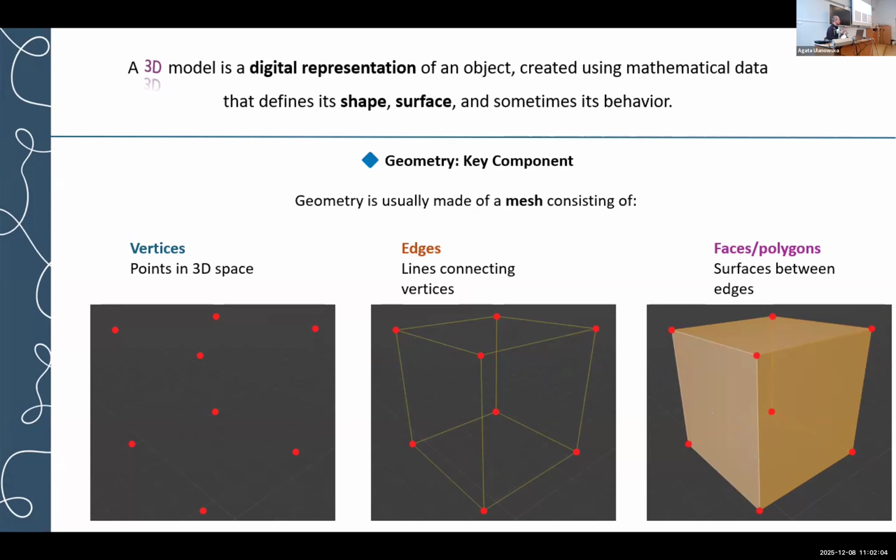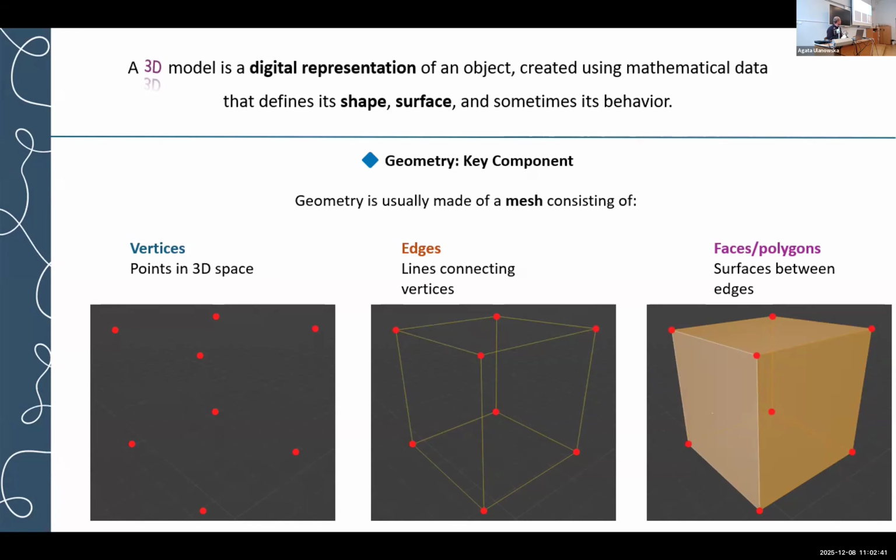And for us, the key component of 3D models is geometry, because as you all perfectly know, the essence of working with 3D imprints is to know the topography of the imprint. So we need to recreate the geometry of the imprint as detailed as possible. So this is the essence.